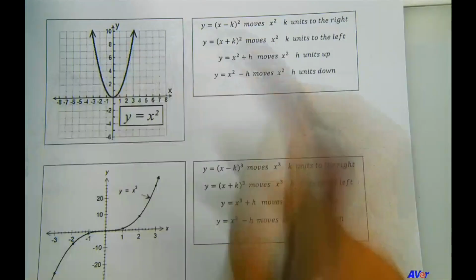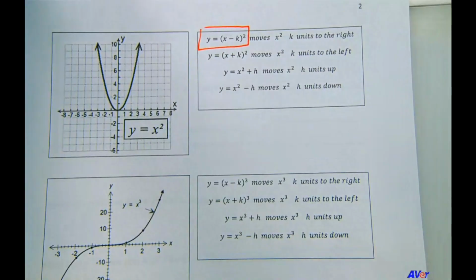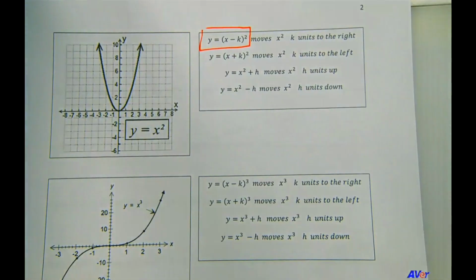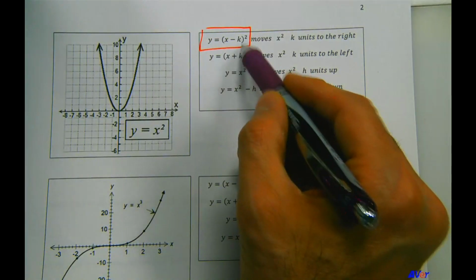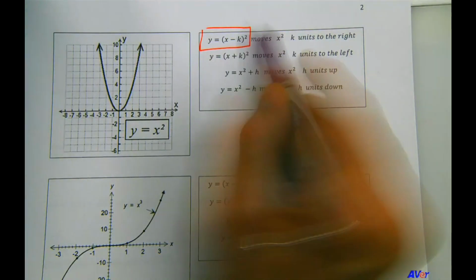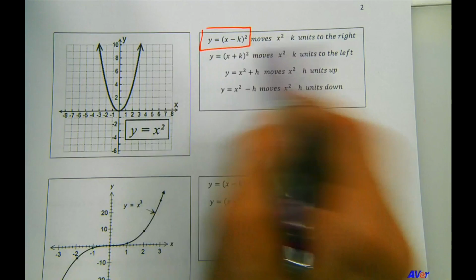So then, also with respect to the quadratic function, once again, the general equation is that. And then, of course, depending on the value of k, if k is positive, then this minus is preserved, so the horizontal shift is to the right.